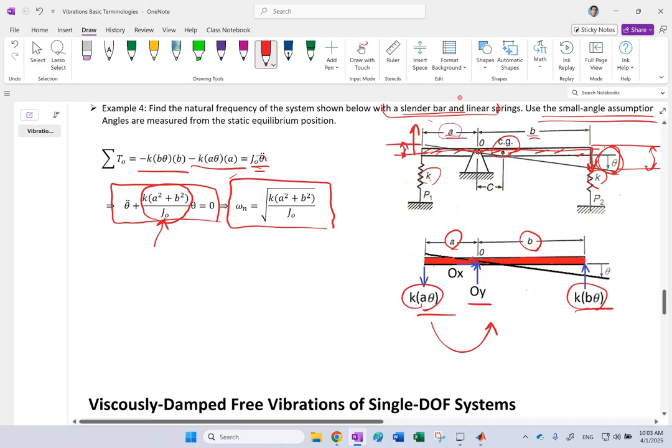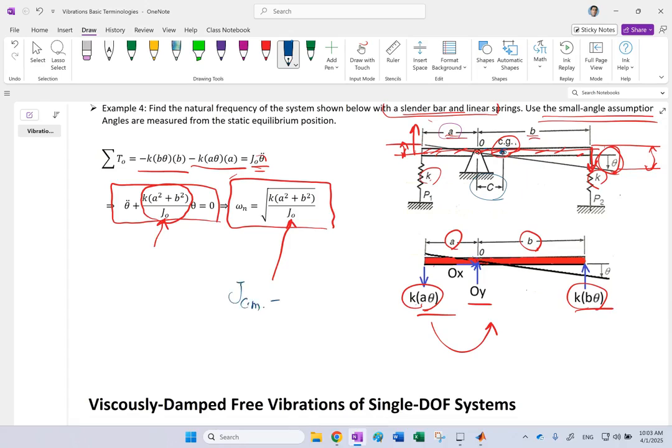Now, if it is a slender bar, what is J? In this case, your centroid is a distance C off from point O. So J about O, using the parallel axis theorem, is J about the centroid plus the mass times the distance squared, which is C squared. And for a slender bar, J about the centroid is mass times length squared divided by 12.